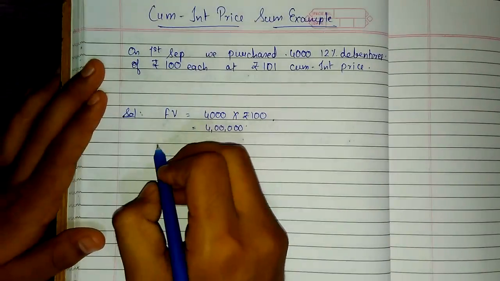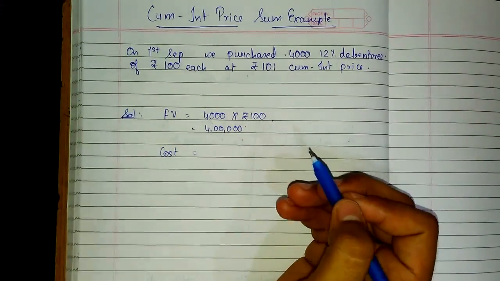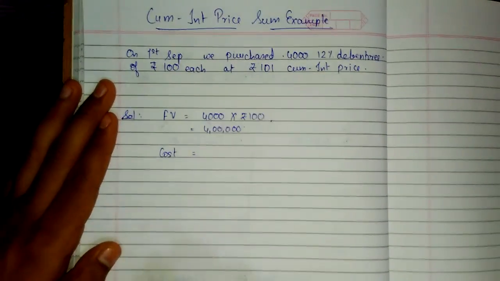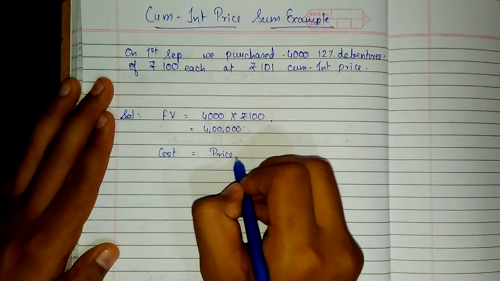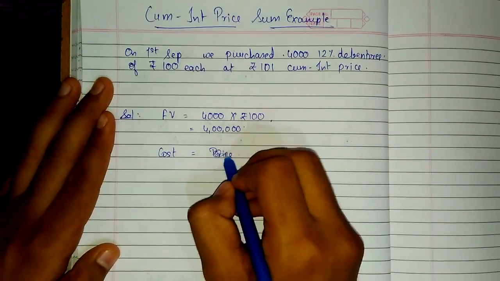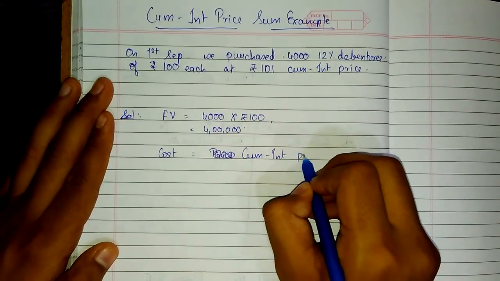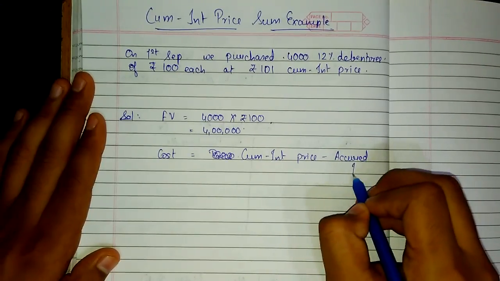Now we'll calculate the cost, but calculating cost here is not that simple. Here the formula to calculate cost is cum-interest price less accrued interest.